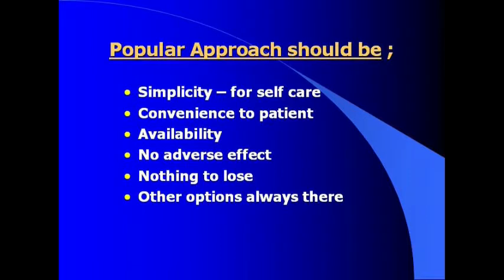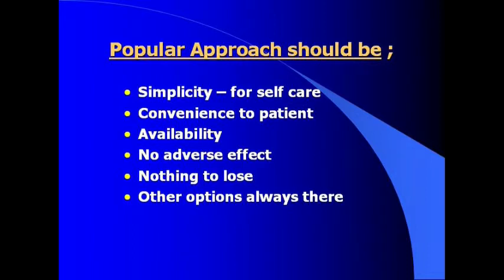What should be the popular approach? Again, in the background, we will consider all this: whatever approach you adopt, it should be surgeon friendly, patient friendly, simple, convenient, available, and there should be minimal or no adverse effects. You should have an approach where you don't lose anything, so that you can come back and always do a next procedure.